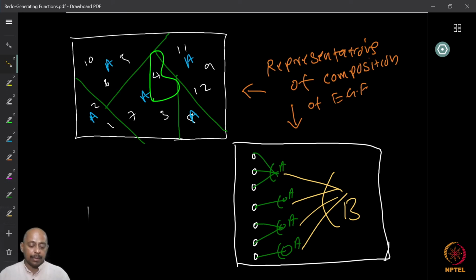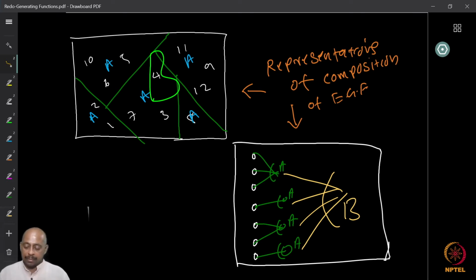Now, consider these as elements and make a B-type structure on this set of A structures. Then what we get is a C-type structure.